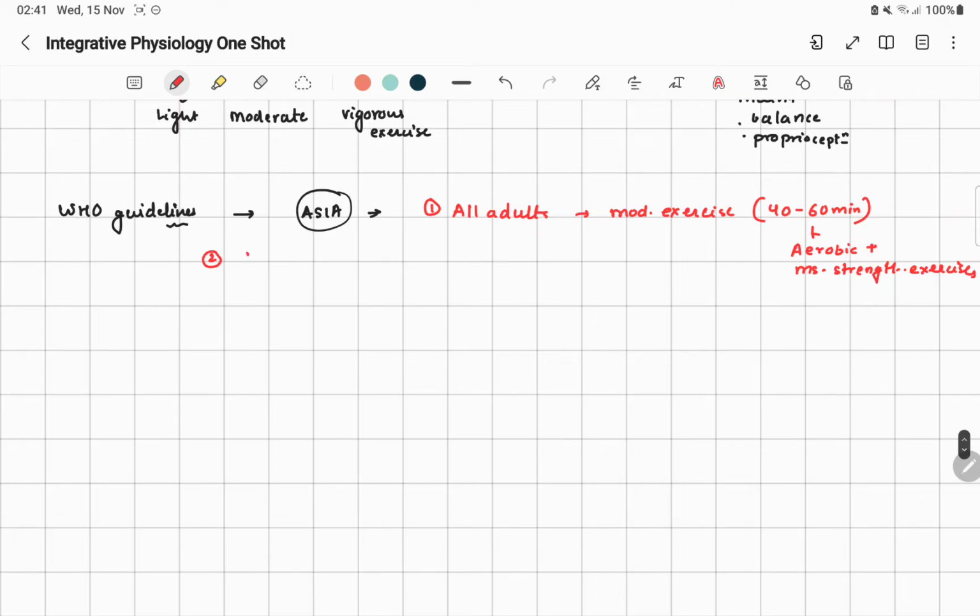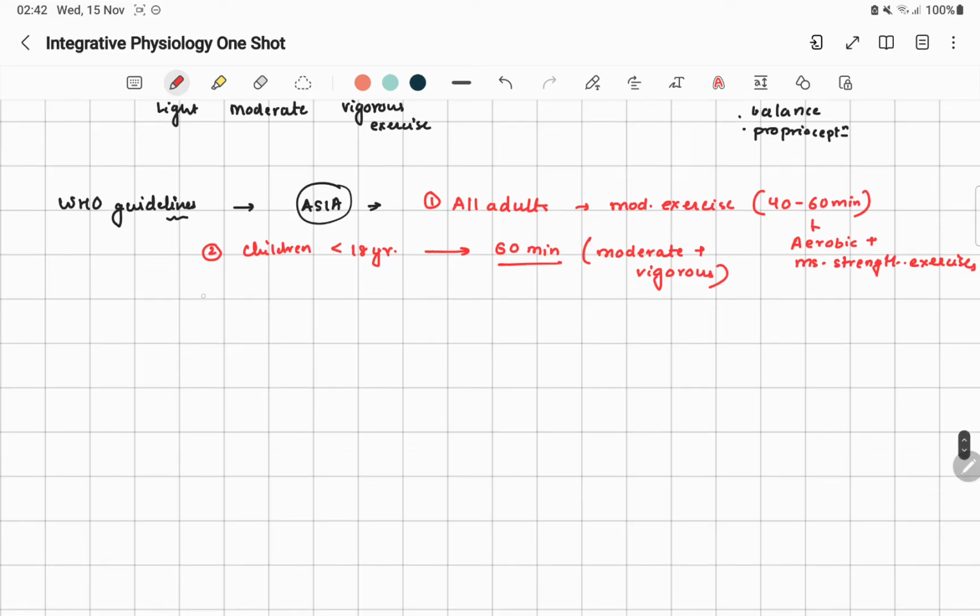And children less than 18 years must be involved in 60 minutes of physical activity daily, with moderate and vigorous exercises.